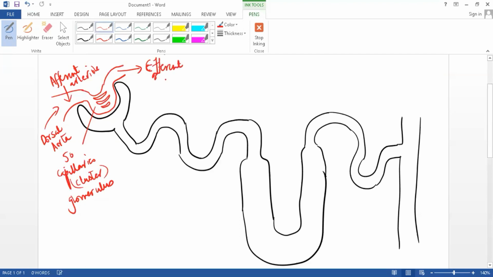Efferent arteriole taking the blood away, and then as I've told you, I'm not drawing it now, but this efferent arteriole then gives out branches surrounding the nephron as peritubular capillaries.